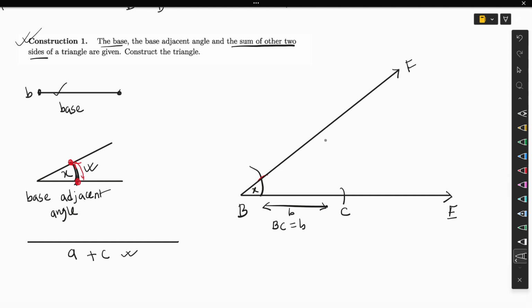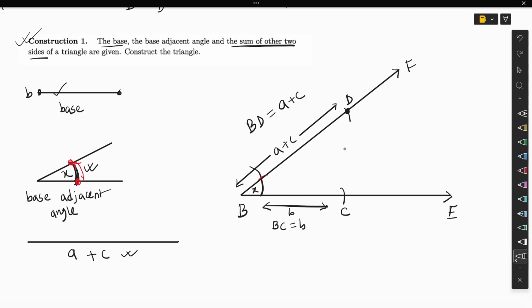From BF we cut the sum of the two other sides of the triangle, A plus C. Let's say this point is D. So here we get BD equal to A plus C, right? BD equals A plus C.